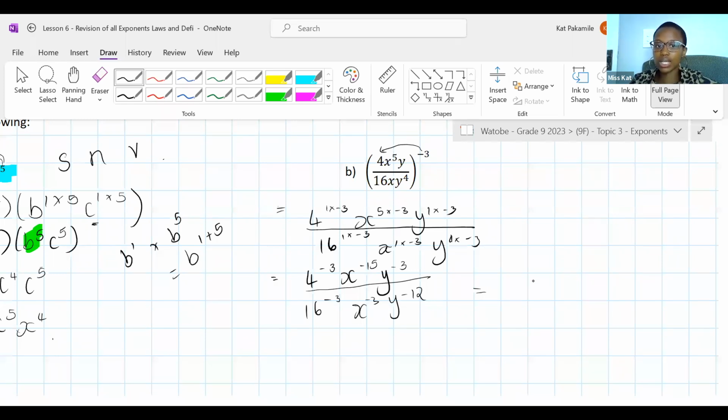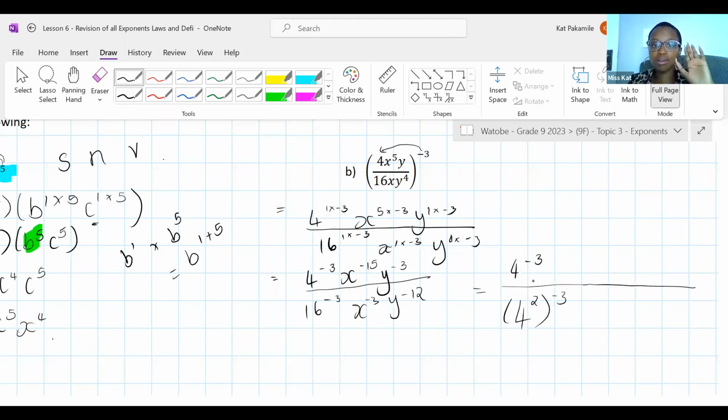It's a little bit tricky. You know what I suggest we do? We make the 16 into 4 squared. So now do you see we have the same base? So we had a 4 squared at the bottom and 4 to the -3. We'll deal with it in the next step.